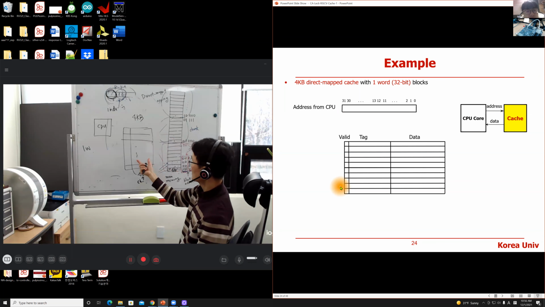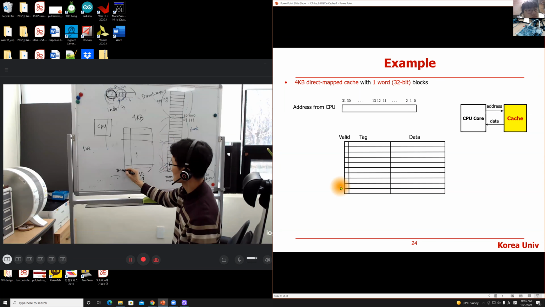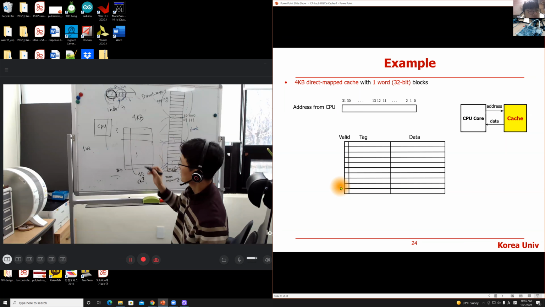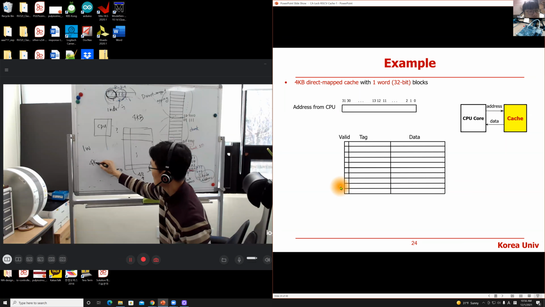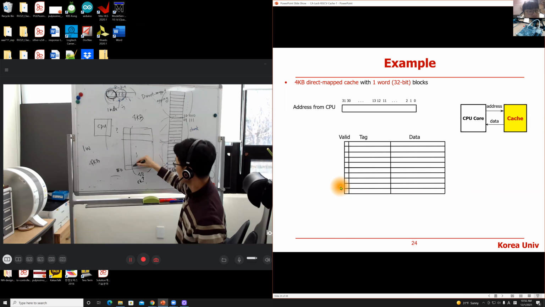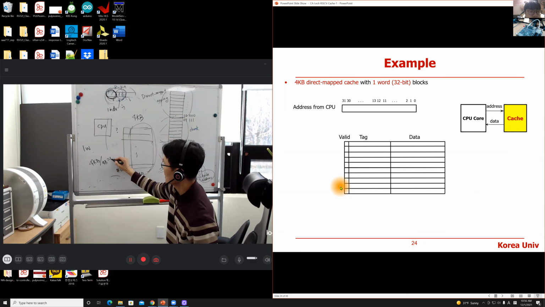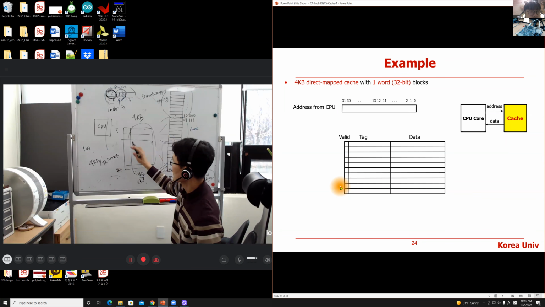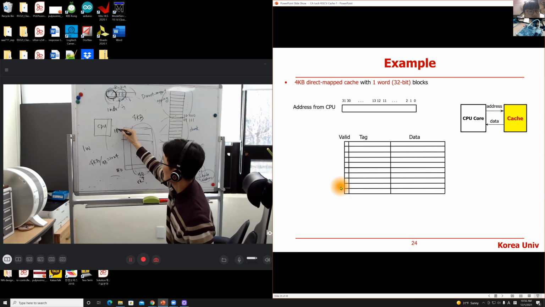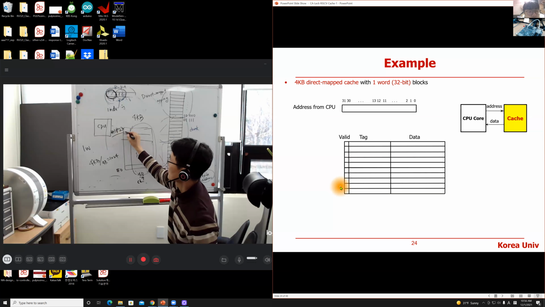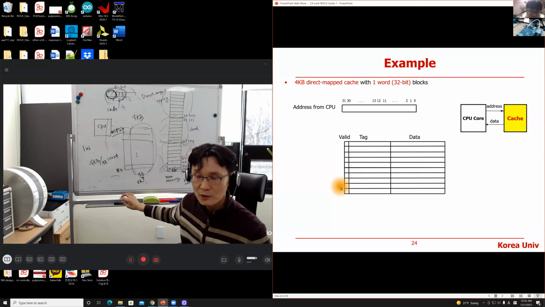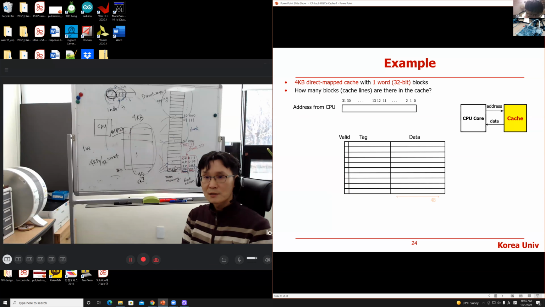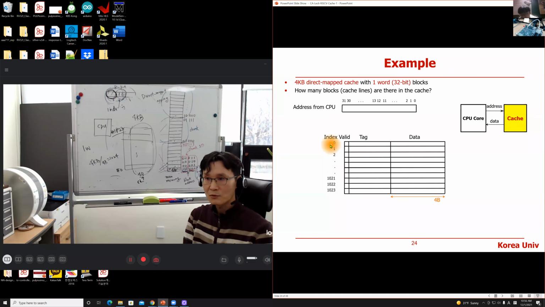So how many cache entries? Simple: capacity divided by 4 bytes, which is 1024, numbered 0 to 1023.